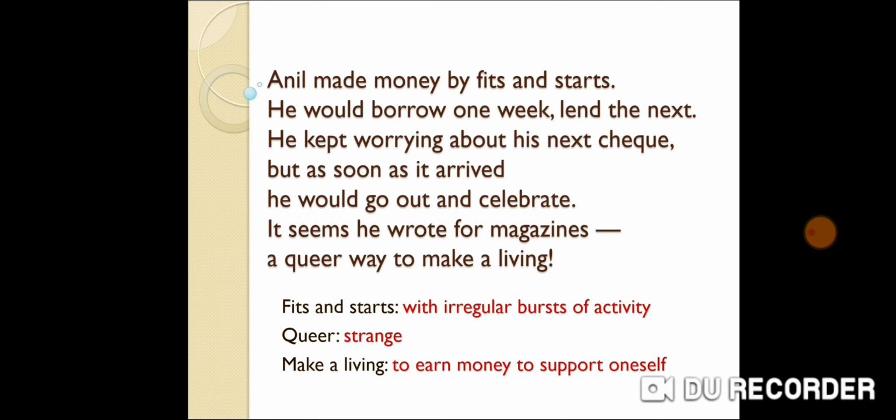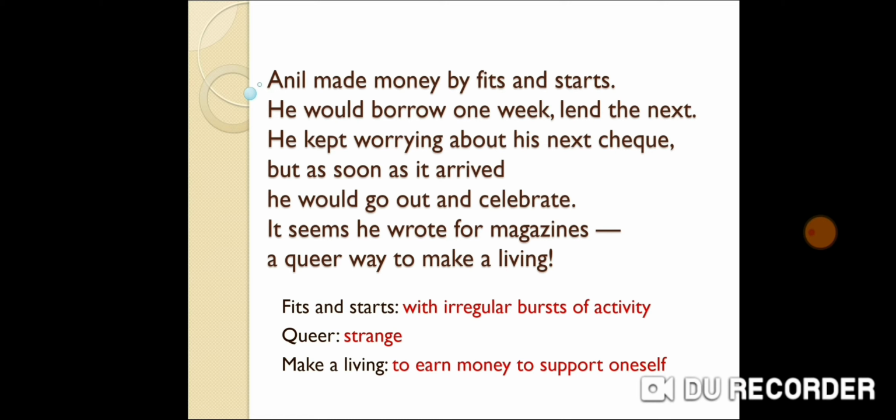But as soon as it arrived, and when it comes, he would go out and celebrate. And then he was celebrating, spending his money and enjoying. So, a queer way to make a living, to earn money to support oneself. Queer means strange. So, the thief thought it is a very strange way to earn money.